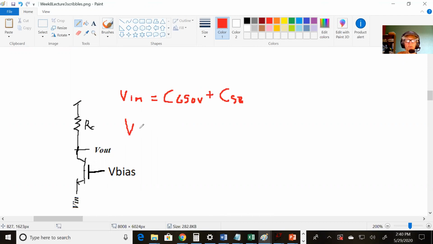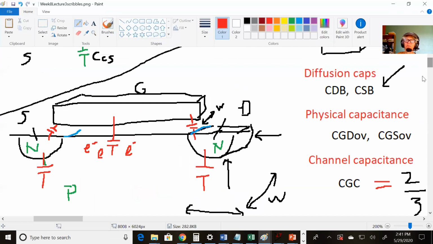Okay, what about Vout? Looking up at the resistance, again, we'll call that ideal. Then looking down, you hit the drain. So go back up here. I'm sorry for all the scrolling here, it's not good style. On the drain, what capacitance do you see? CDB and CGDOV.